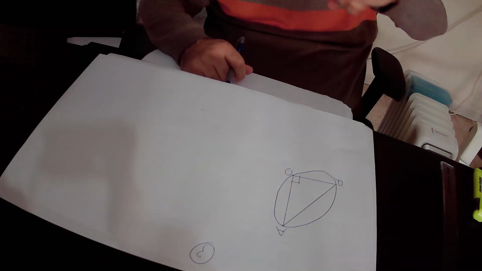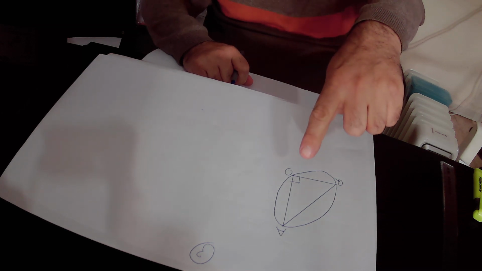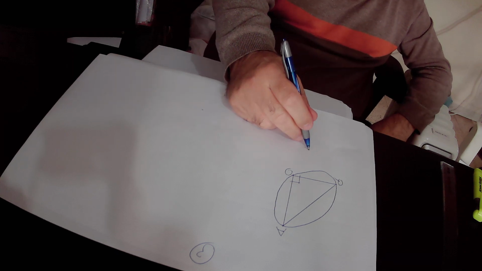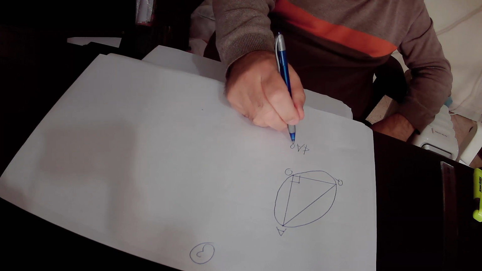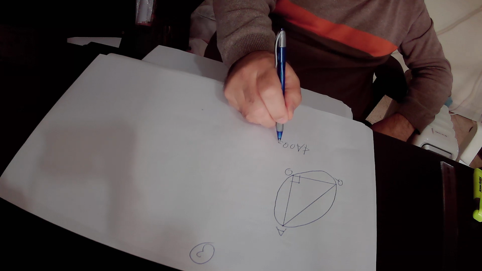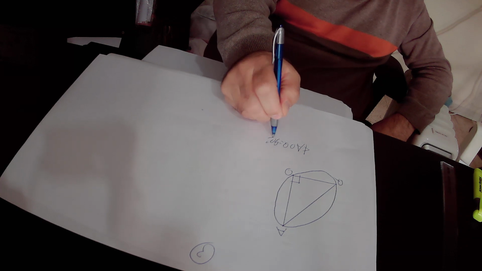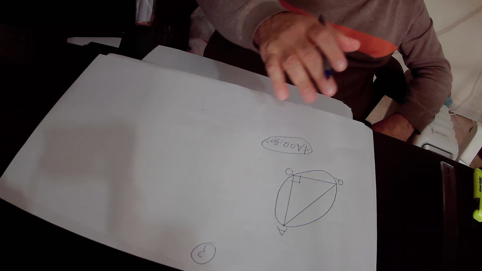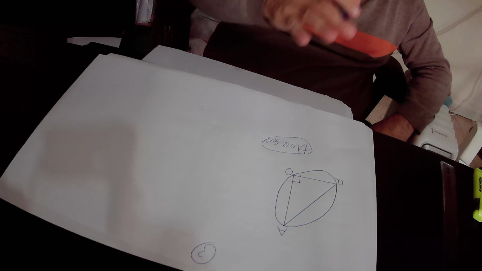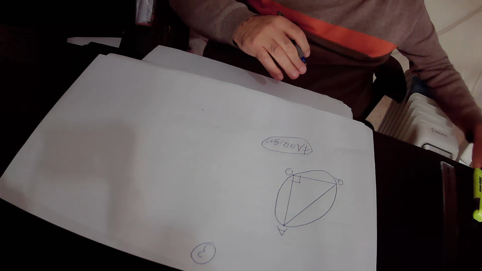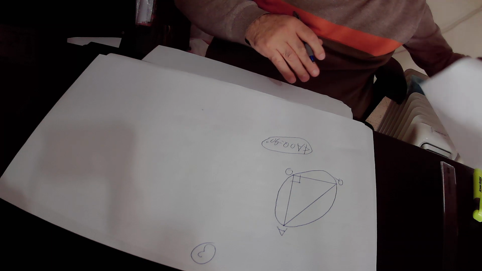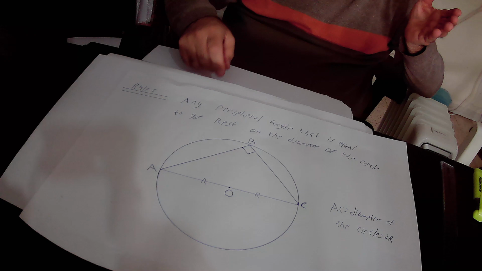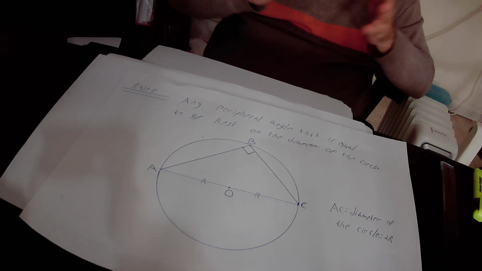So inside this circle, we have peripheral angle AOQ that is equal to 90 degrees. And we also have rule number 5 that says that any peripheral angle that is equal to 90 degrees must rest on the diameter of the circle.